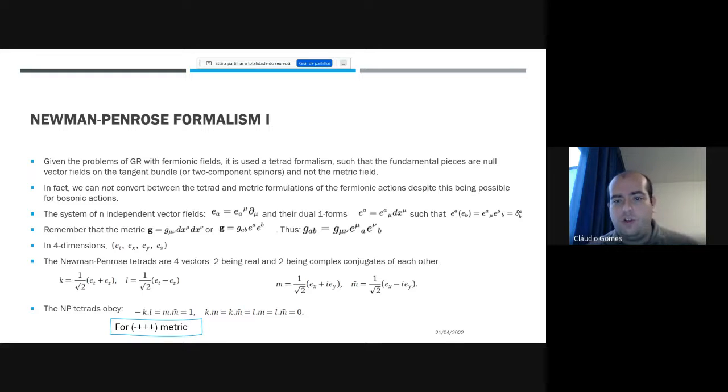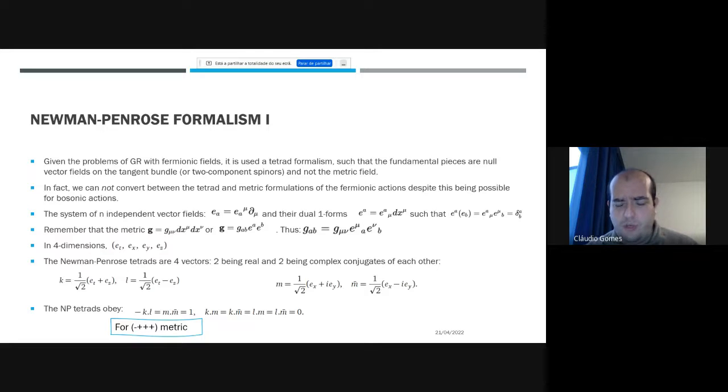Or we can resort to a different approach to general relativity, which is the tetrad formalism. Okay, so the fundamental pieces are no longer the metric field, but rather vector fields on the tangent bundle. Or we can also rewrite this formalism in terms of two component spinors.